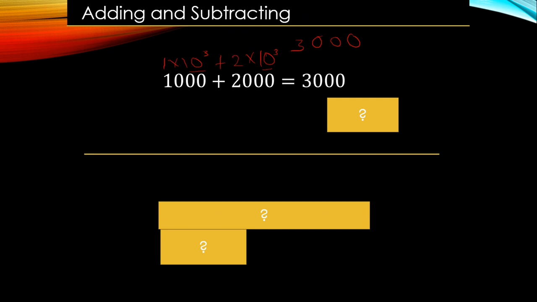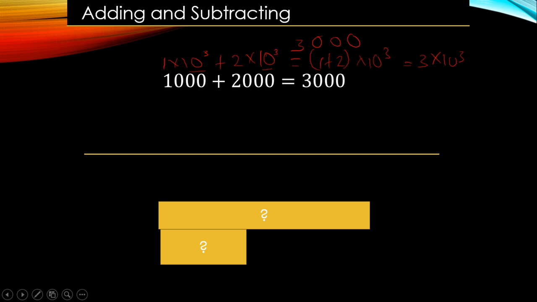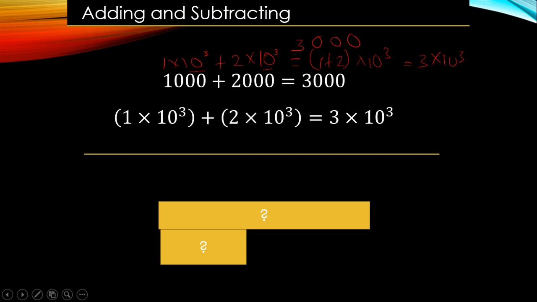Okay, and it would give us an answer like 1 plus 2 times 10 to the power 3, which would be 3 times 10 to the power 3. Okay, so it will be 1 times 10 to the power 3 plus 2 times 10 to the power 3, which equals 3 times 10 to the power 3.